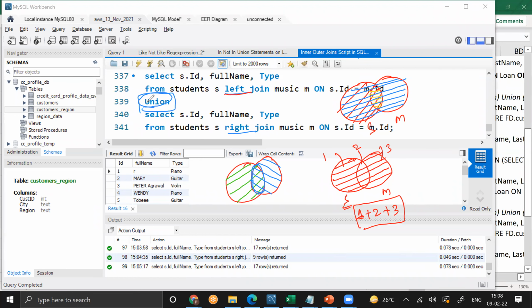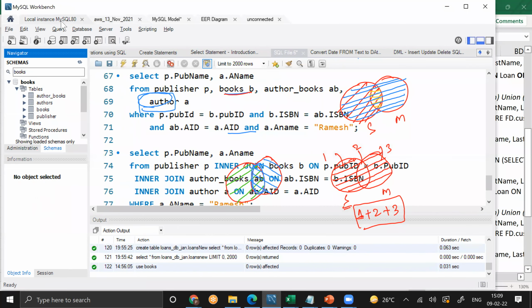I understand all of it except the part where you're joining the four tables. I'll go back to your query. Sure.